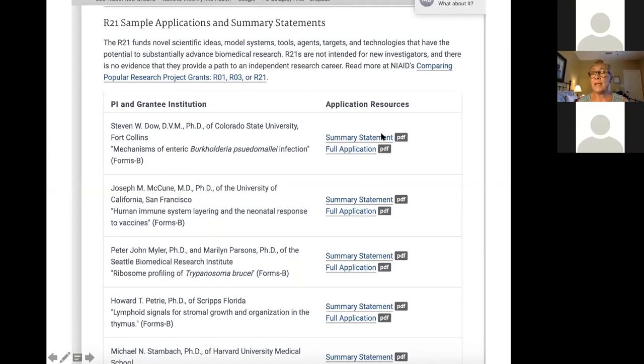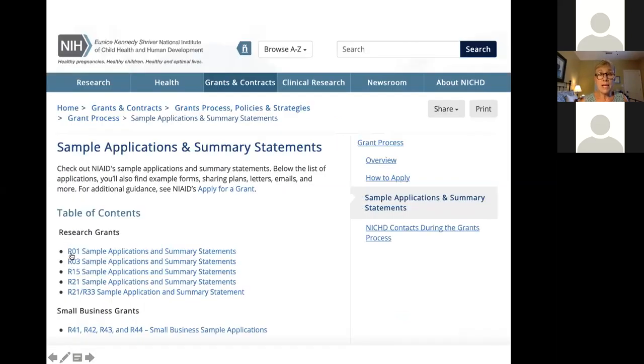And the summary statement, which means what scores the reviewers gave, what they thought were strengths, and what they thought were weaknesses of this particular grant. So again, you can see there's R01s, R03s, R21s, and now there's K awards in this same thing.